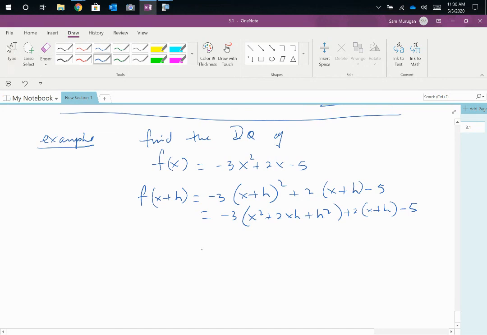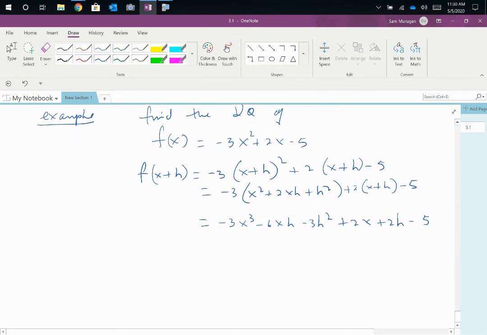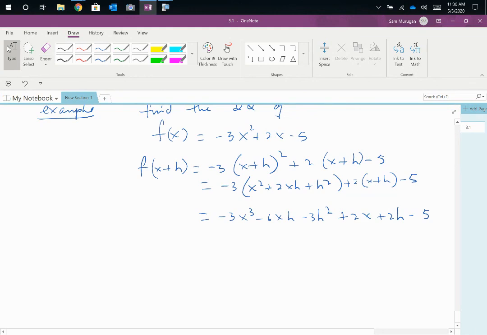So now we go ahead and distribute the negative 3. Remember never to distribute that negative 3 before you do the parenthesis. Negative 3x squared minus 6xh minus 3h squared plus 2x plus 2h minus 5. There are no like terms that are going to cancel here, okay?